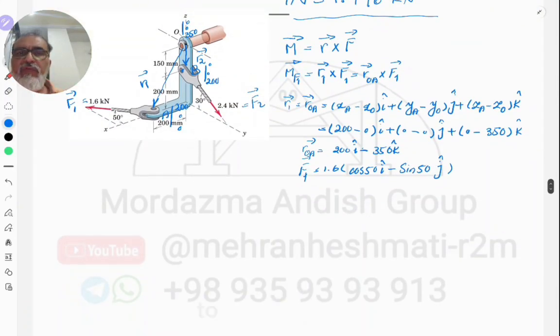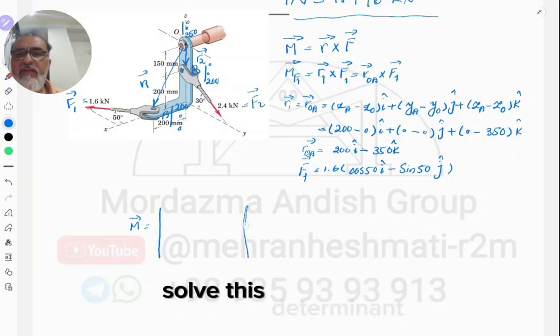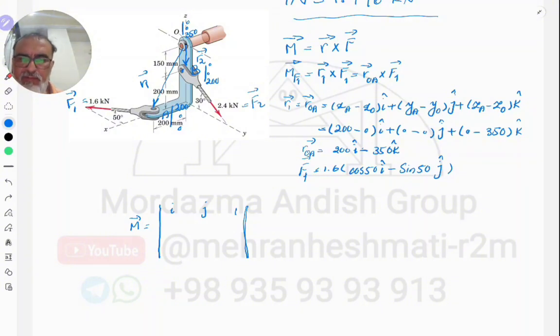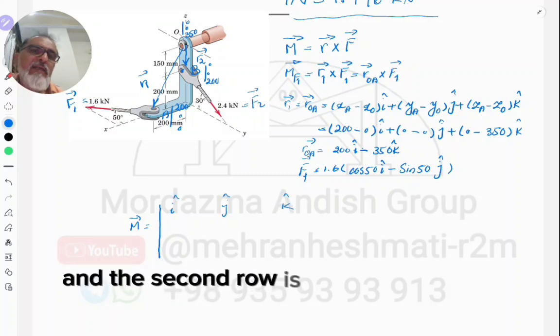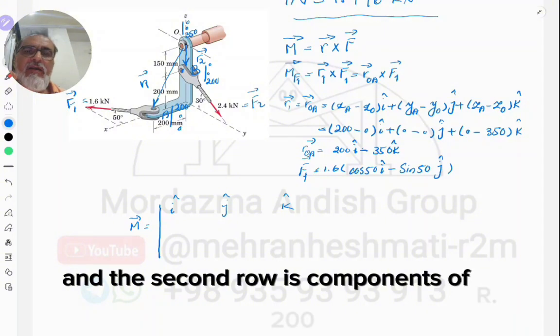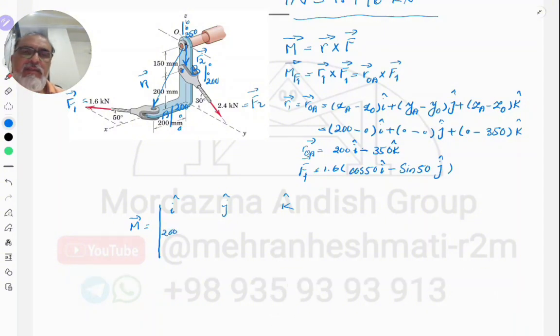Okay. To find M, we can solve this determinant. The first row is i, j, k. The second row is the components of r: 200, 0, minus 350.